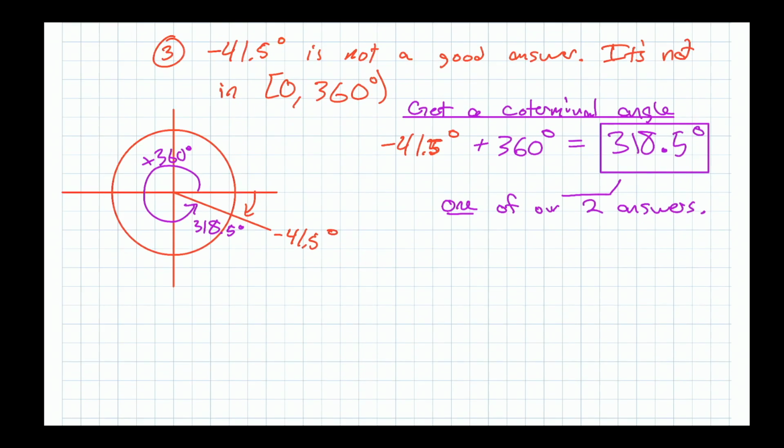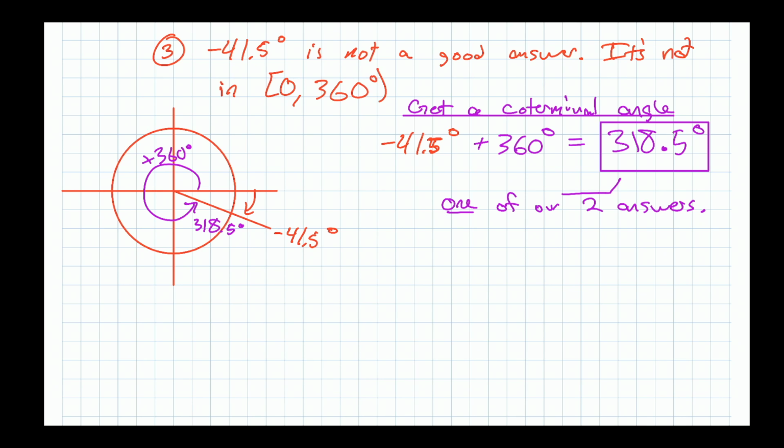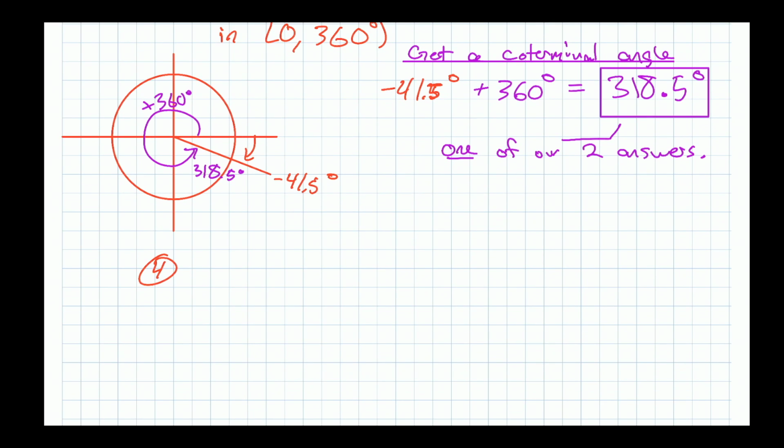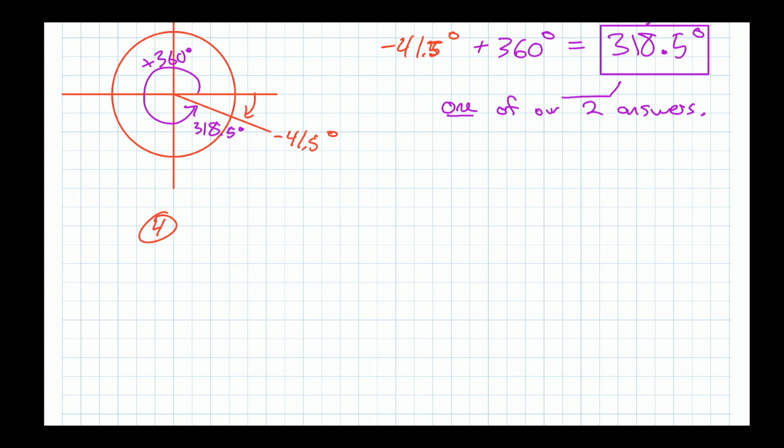Okay, now to get the other angle, what you're going to have to do is say, okay, well, we've got 318.5. There must be another angle on the unit circle that has the same x and y values. Okay, so theta equals 318.5 is a solution.